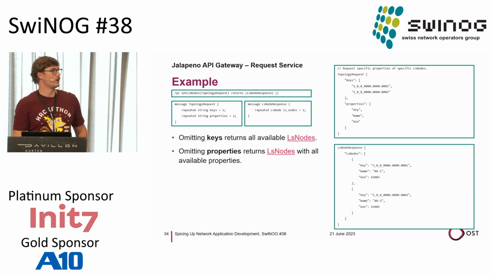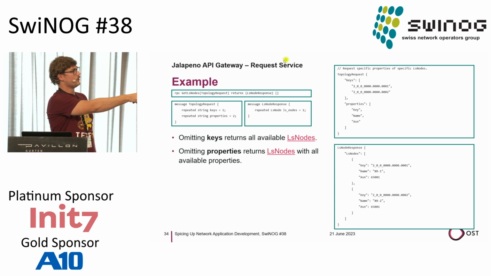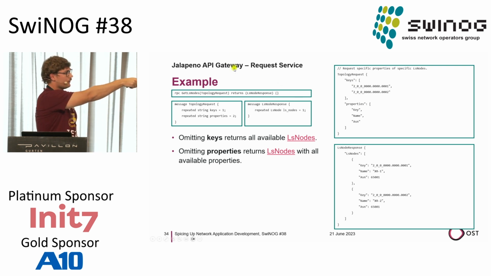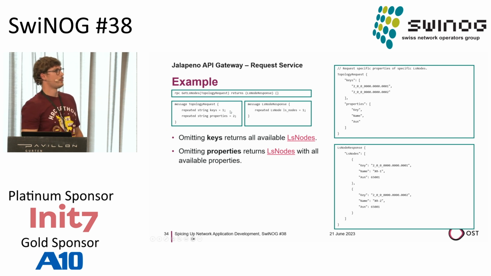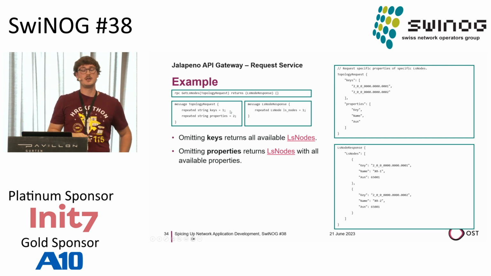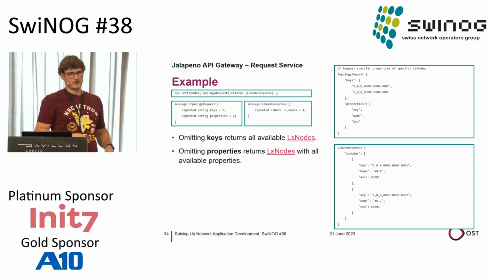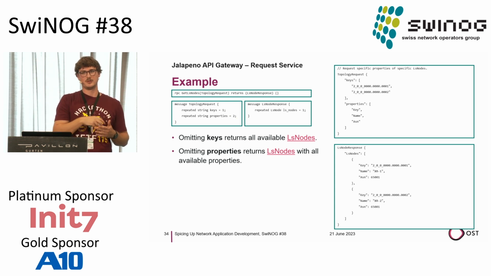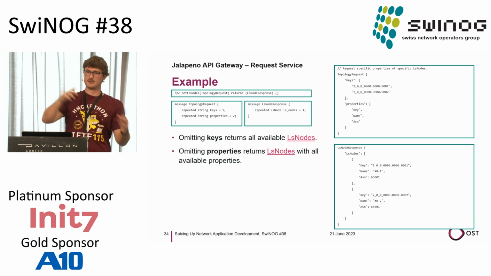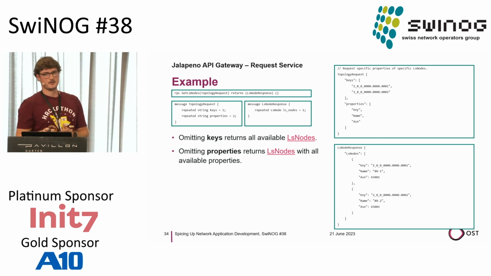Let's see an easy example. We have an RPC GetLSNode. The LSNode call takes a topology request and an LSNode response. A topology request here includes a list of keys and also a list of properties. If you use keys, then you want to get information from a specific node. If you omit them, you just say, I'm interested in every node which is available.